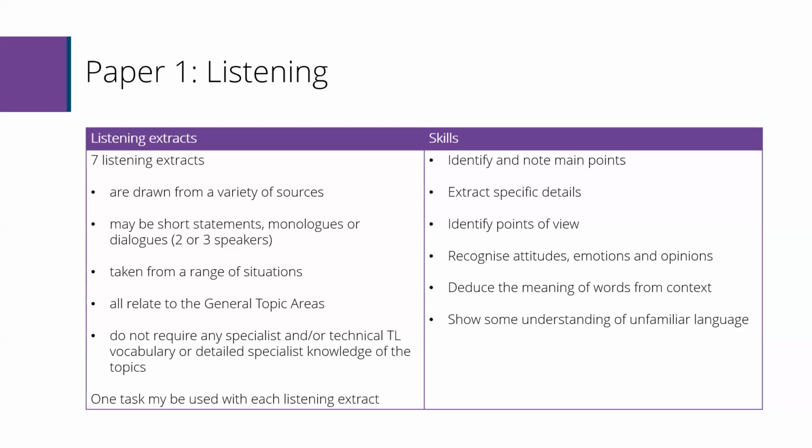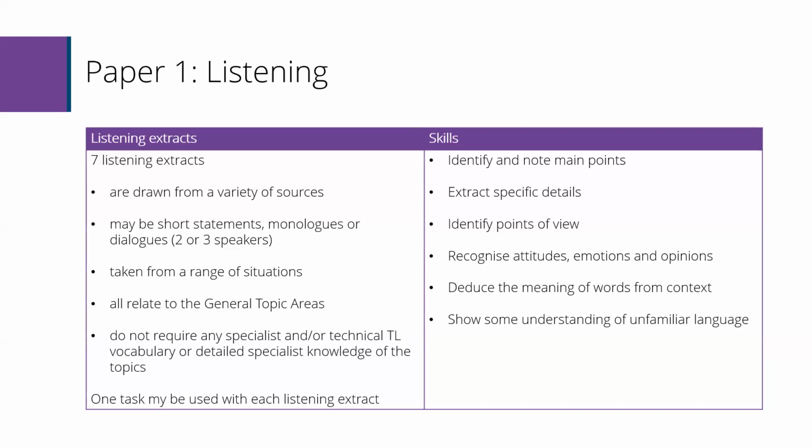But for example, if they have a list of different fruits and they hear apple and banana and strawberry, they've got a context for that. If they then hear the name apricot, which is maybe a fruit that wasn't on the list, from that they will be able to deduce the meaning of that, or they may be able to deduce the meaning of a verb or an adverb as well.